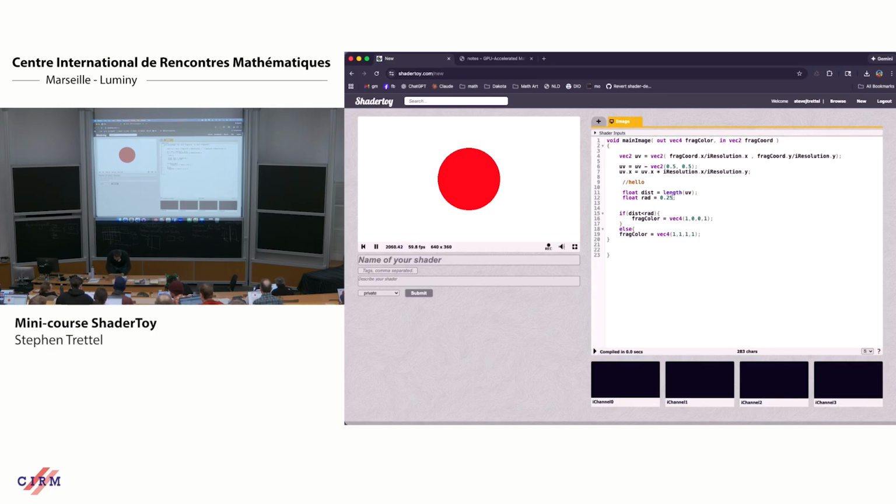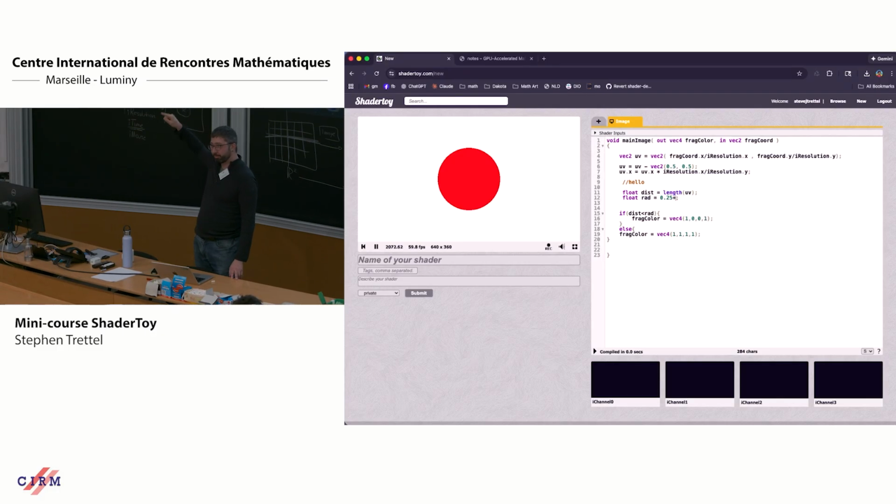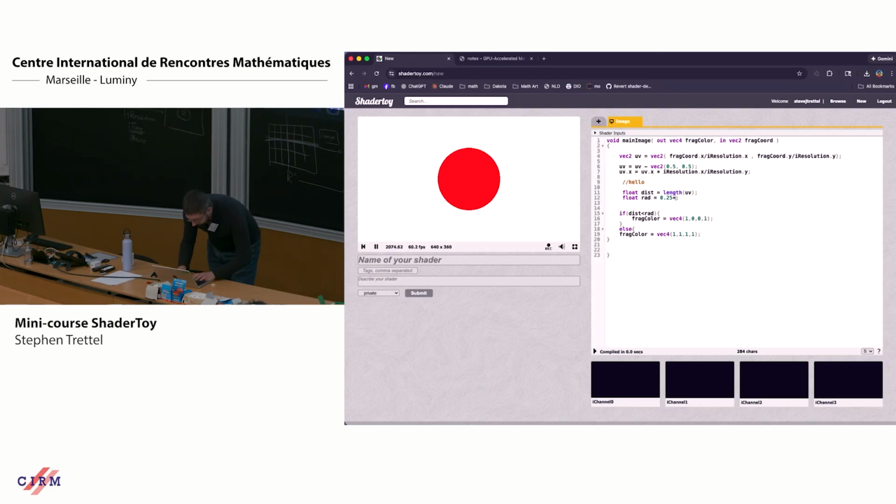But now let's do something fun. Let's add to that a little bit of a sinusoid. So let's add 0.1 times a sine, because that will make it go up and down by 0.1, right? So the radius will go between 0.15 and 0.35 if I do that. So plus 0.1 times sine of iTime.